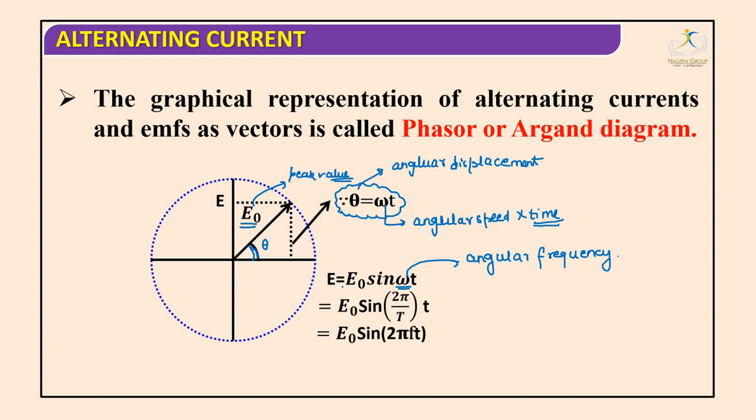So E is equal to E naught sine omega t, where omega is equal to 2 pi by T. This is taken as angular speed: theta by t, where theta is 2 pi for a complete circuit, divided by the time interval. So this is the value of omega, which is the angular speed.